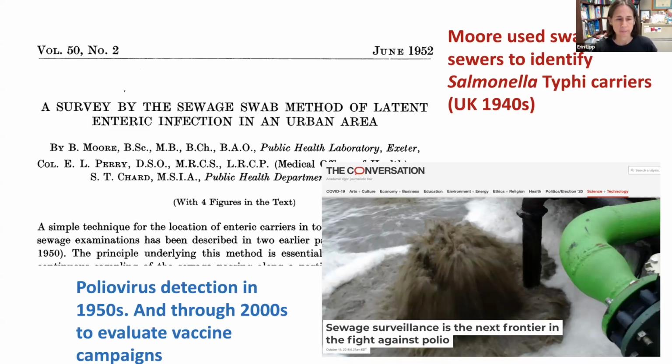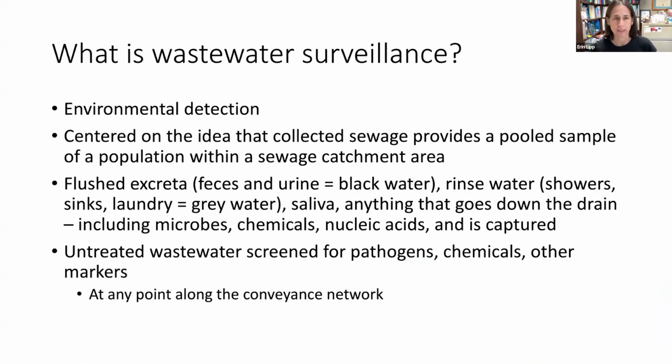The first work looking at poliovirus detection in sewage was in the 1950s, and then it was really through the 2000s to evaluate the efficacy of vaccine campaigns. So using sewage to understand what's happening with infectious diseases, especially enteric diseases, has been around for a long time. It really just got moved to the forefront with the COVID-19 pandemic.